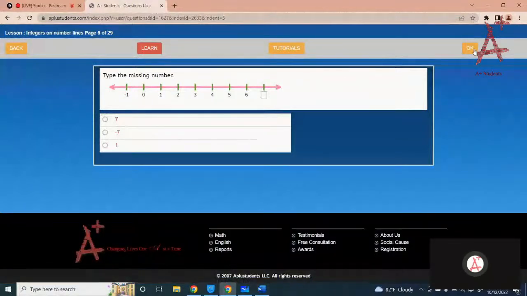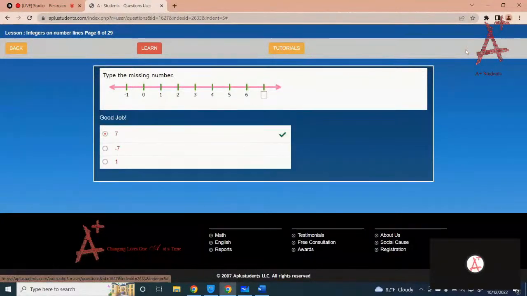Okay, type the missing number. Which number is next to 6? Right after 6, you have 7. So, very good. 7 is the correct option, and click on the OK button.